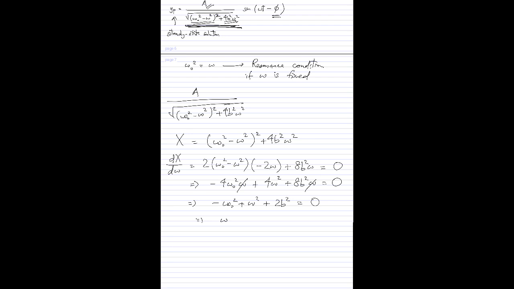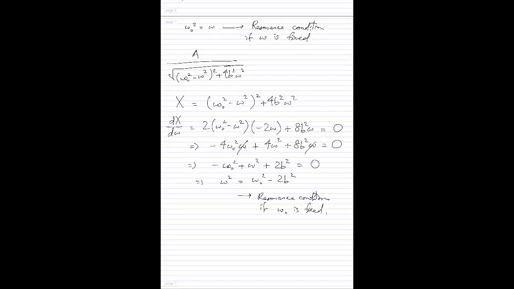In other words, omega square will be equal to omega naught square minus 2b square. So this is my resonance condition if omega naught is fixed.